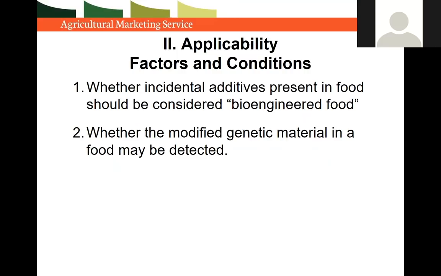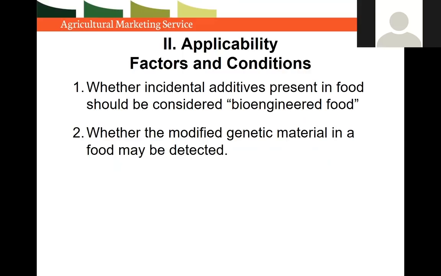Earlier in the webinar, we described two viewpoints on the interpretation of the definition of bioengineered food. If AMS ultimately decides to proceed with position 2, which includes refined ingredients within the definition of bioengineered food, this factor or condition would be a means to potentially exclude products where modified genetic material cannot be detected.